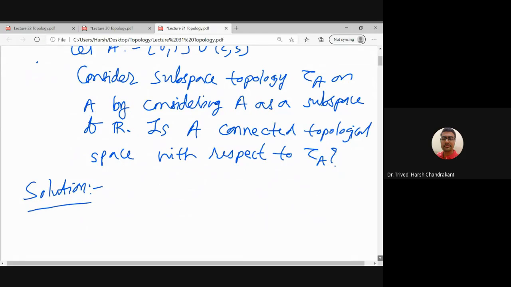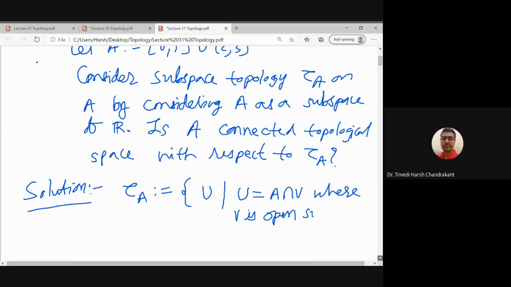So first of all, what is tau A? Tau A is the topology. So a set U is open in tau A, or U belongs to tau A, if, what is the subspace topology definition, U equals A intersection V, where V is an open subset of R, and open subset of R means V is open with respect to the standard topology on the real numbers.